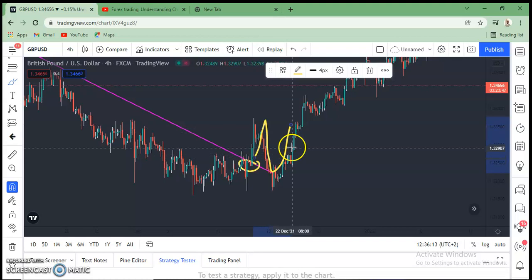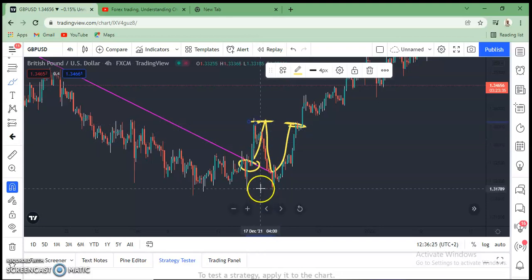So where do we enter the market? This is the right place, the same point as this one, after it goes up and goes down. If this was a fake breakout, the market would just have come here, but it would not have gone up again.